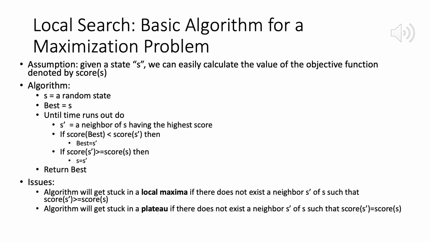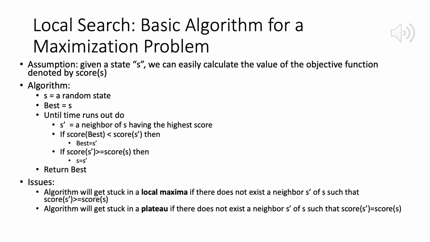In these iterative steps, which are under the until loop, what we do is we find a neighbor S prime of S having the highest score among all neighbors of S. Then we update best if the score of S prime is better than best.